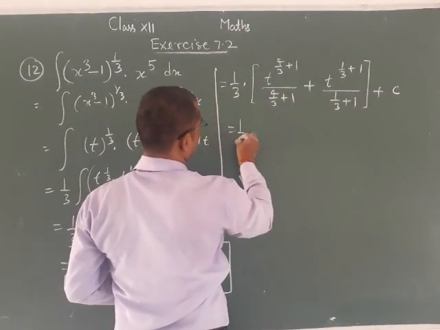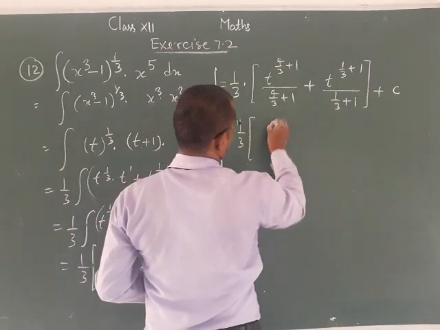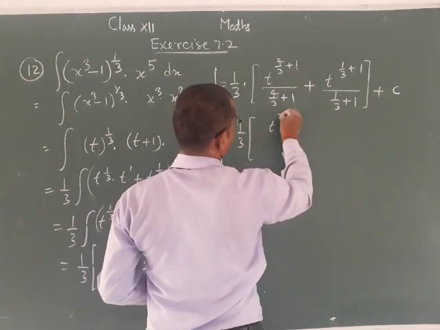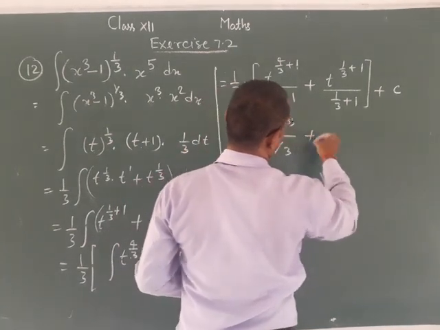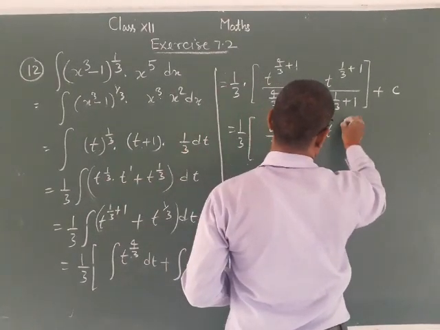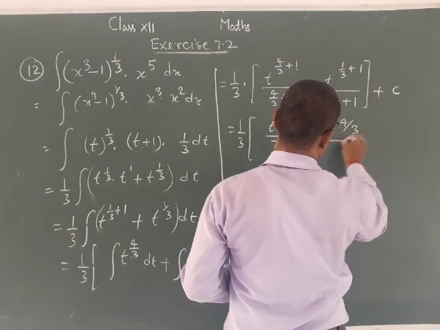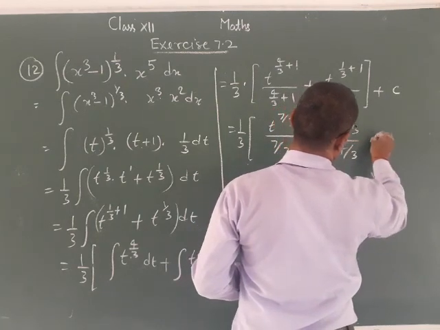Also we can write t to the power 7/3 plus t to the power 4/3 plus c.